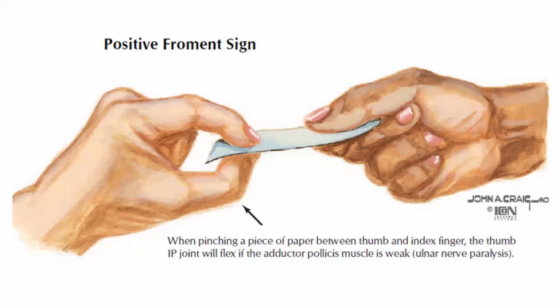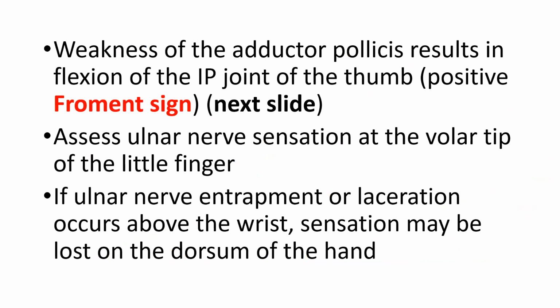You can see whether the adductor pollicis of the thumb is intact. Okay, so don't forget this. Weakness of the adductor pollicis results in flexion of the interphalangeal joint of the thumb, the positive Froment sign. Assess ulnar nerve sensation at the volar tip of the little finger.